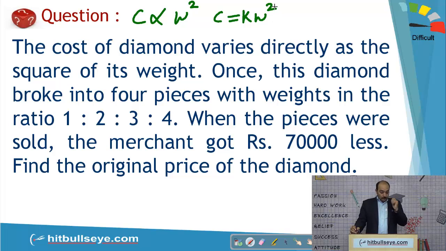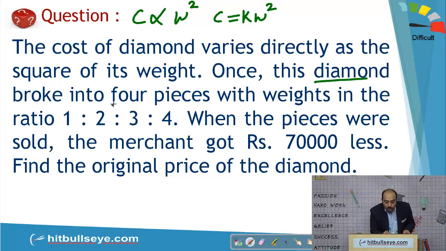Now, what next? It says, once this diamond broke into 4 pieces with weights in the ratio 1:2:3:4, and when these pieces were sold, the merchant incurred a loss of 70,000. What was the original price?